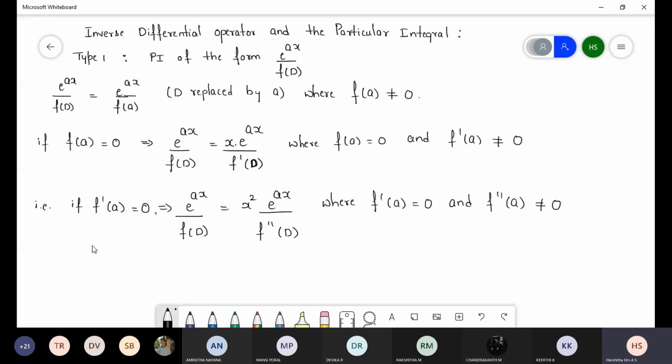If it becomes 0, at that time only we have to write, and so on.